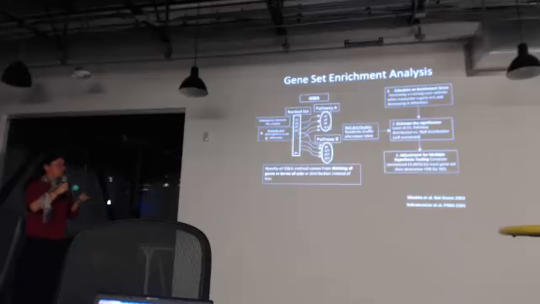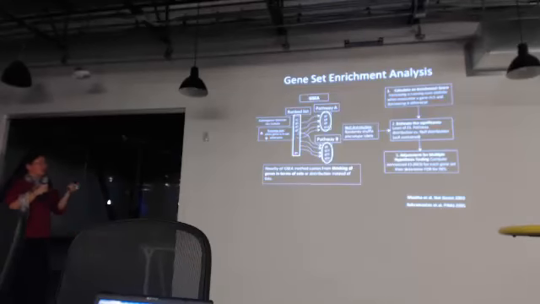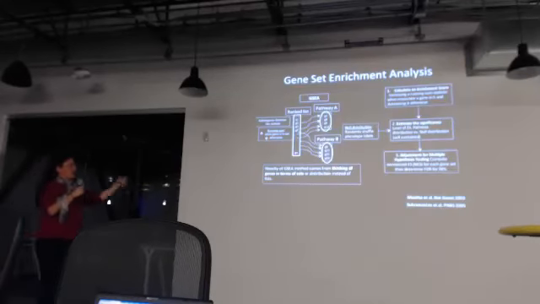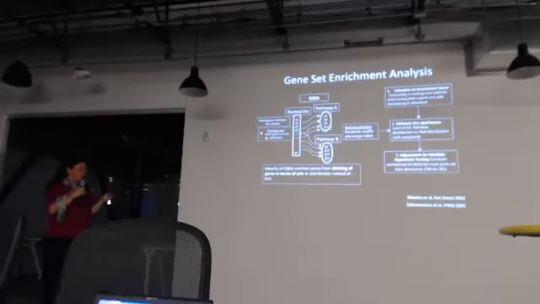You first rank order your list of features that were different between experiment A and experiment B, then calculate a running sum statistic and ask where those features lie within your pathway.